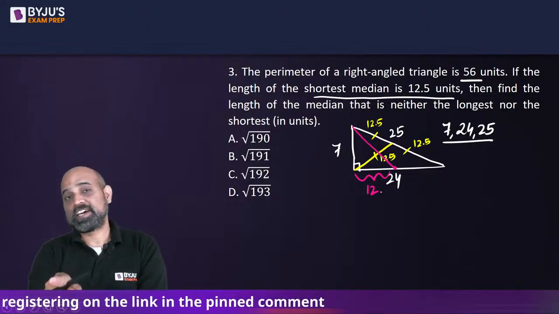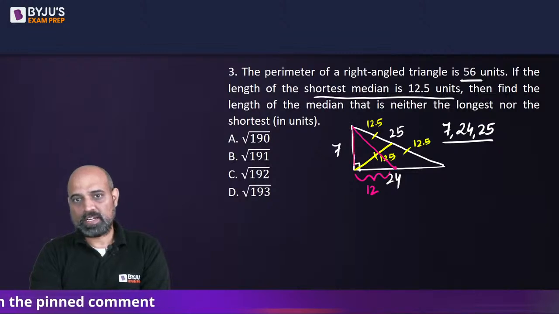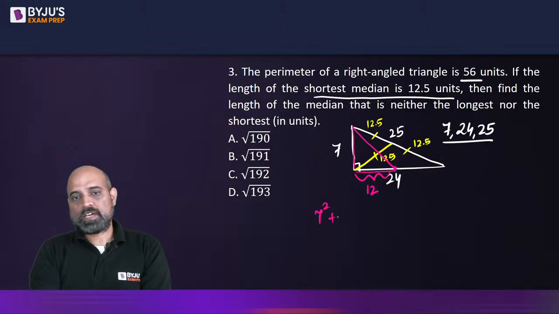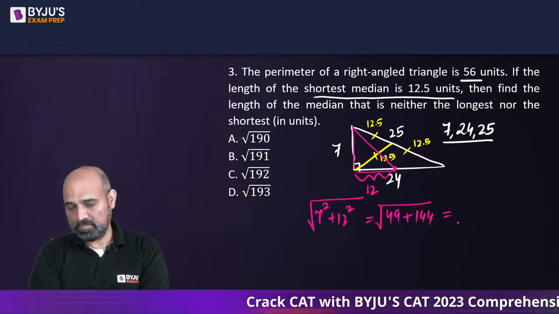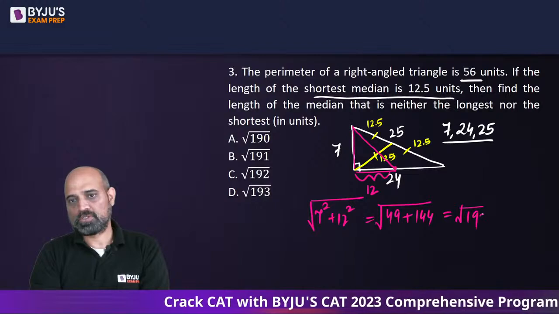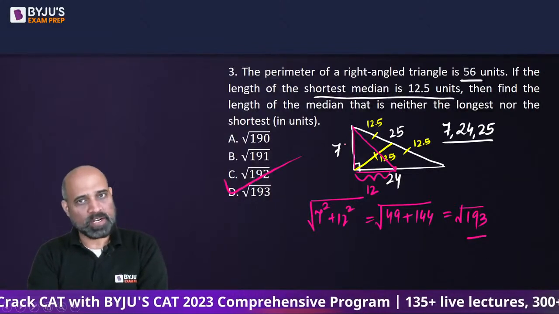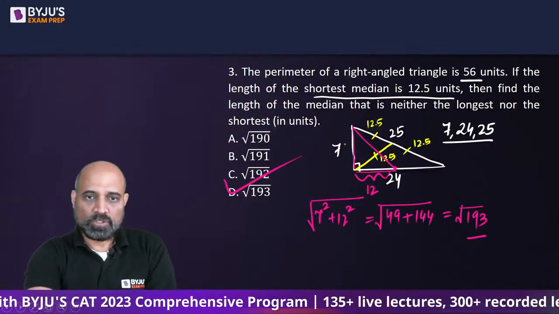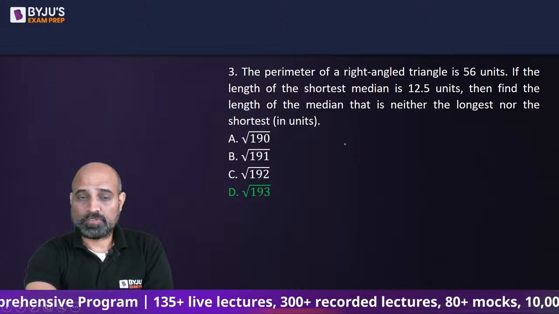So we need to find the hypotenuse of this right angle triangle, which is going to be the under root of 7 square plus 12 square, which is the under root of 49 plus 144, which is under root 193. So triplets are important for us to remember in order to solve questions quickly.